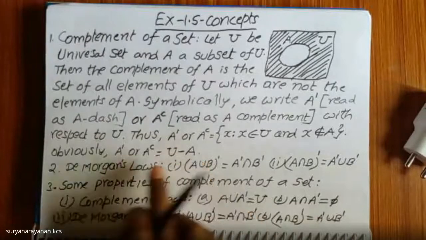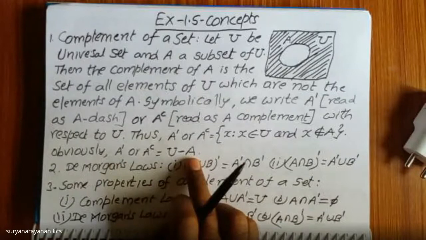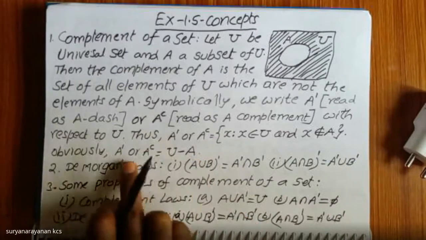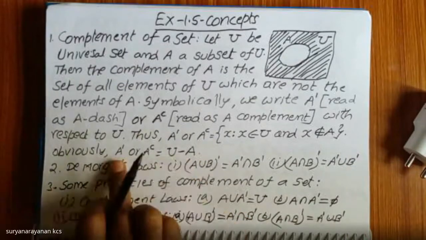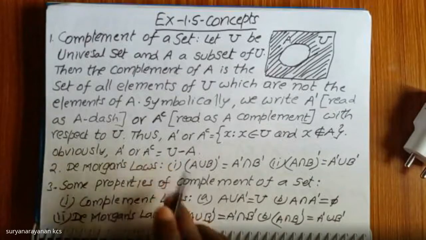At least if you read this formula 10 times or listen to it 10 times, my idea is you can remember it well. That is why I am making everyone read. Okay. My dear Percy, read this formula. Sir, A dash or A complement is equal to universal set minus A.